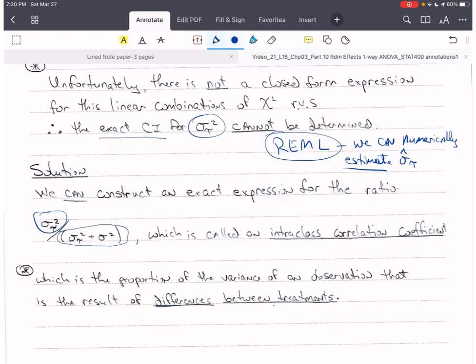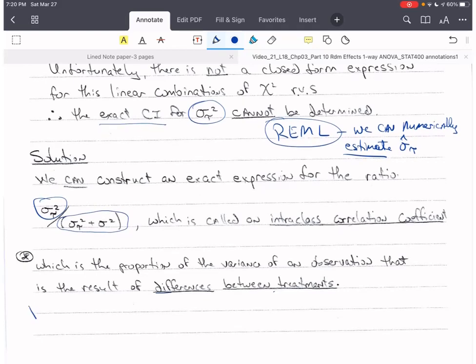Now, remember that the variance of Yij is equal to, I'm sorry, wrong class. This is the variance of mu plus tau i plus epsilon ij, if we want to write it as the treatment effects model, or the effects model.